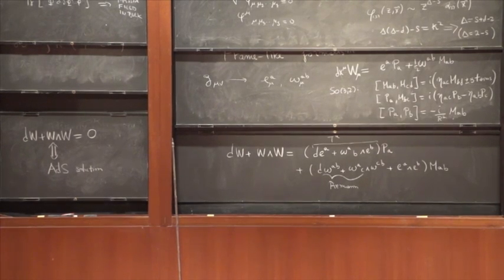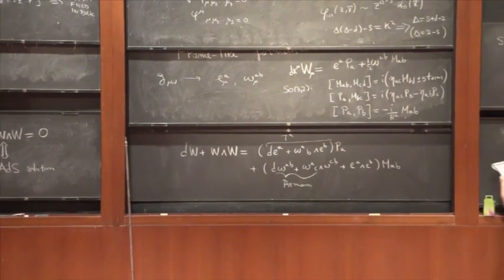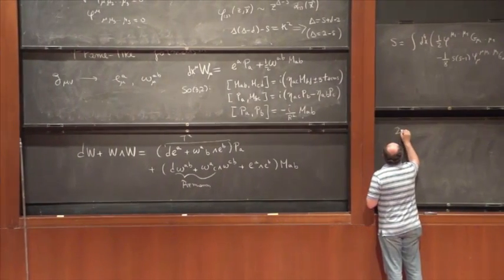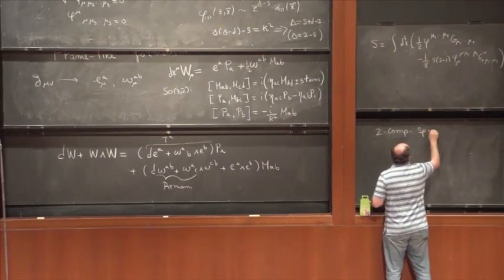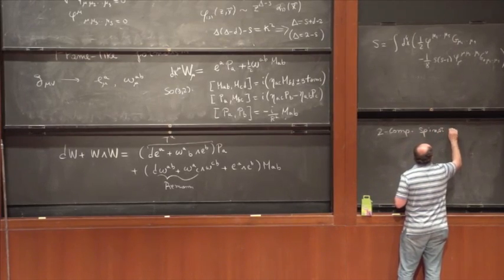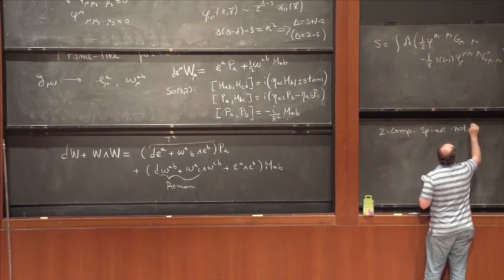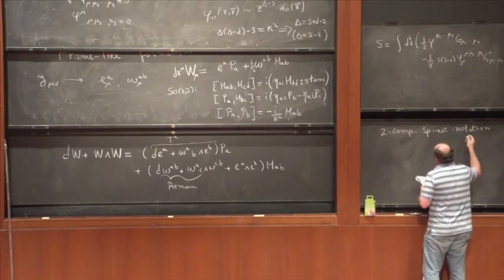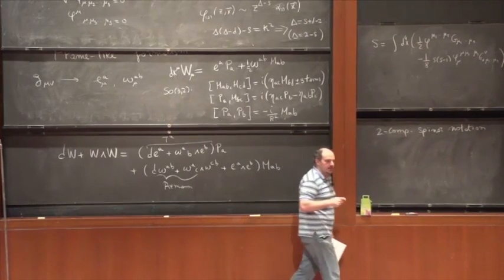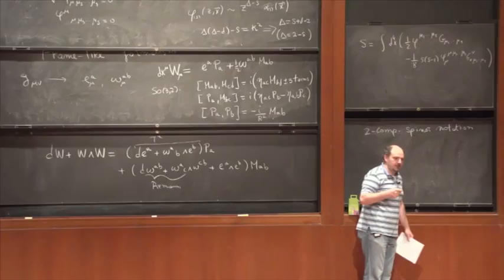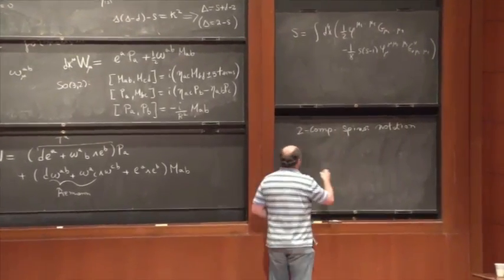So before we go on, just a quick reminder on two-component spinor notation in 4 dimensions. So this is just a statement that using Pauli matrices we can convert a vector index into a bispinor index.